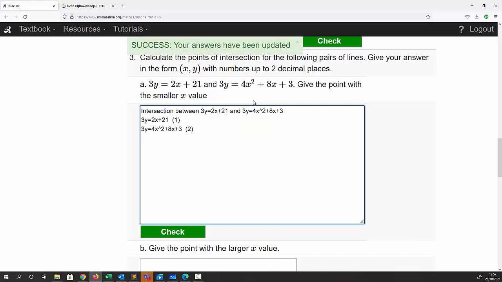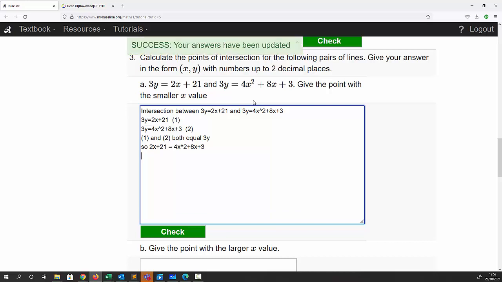Right, so my answers have been updated. So I can write equation 1 like that and equation 2, both equal 3y. So now I can say, so can I just paste? Yes, I can. So now I can say that 2x plus 21, that's right, is equal to 4x squared plus 8x.